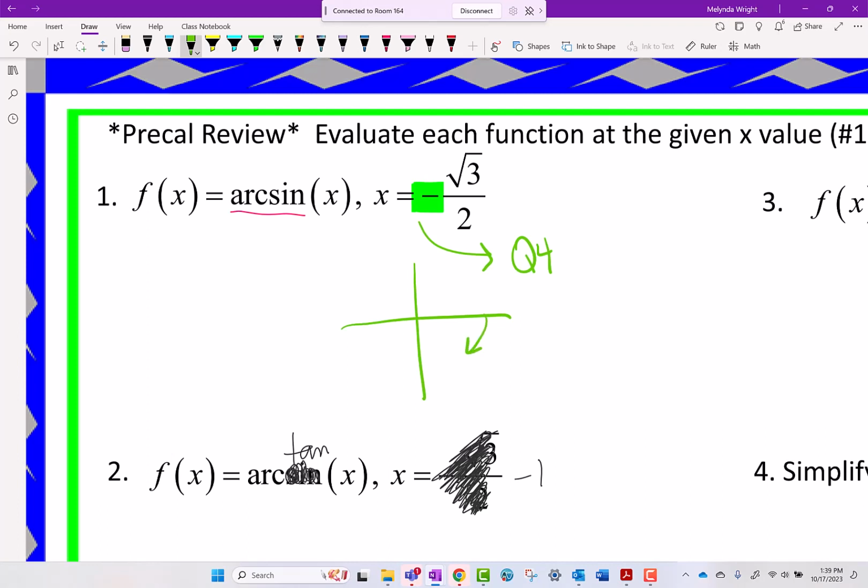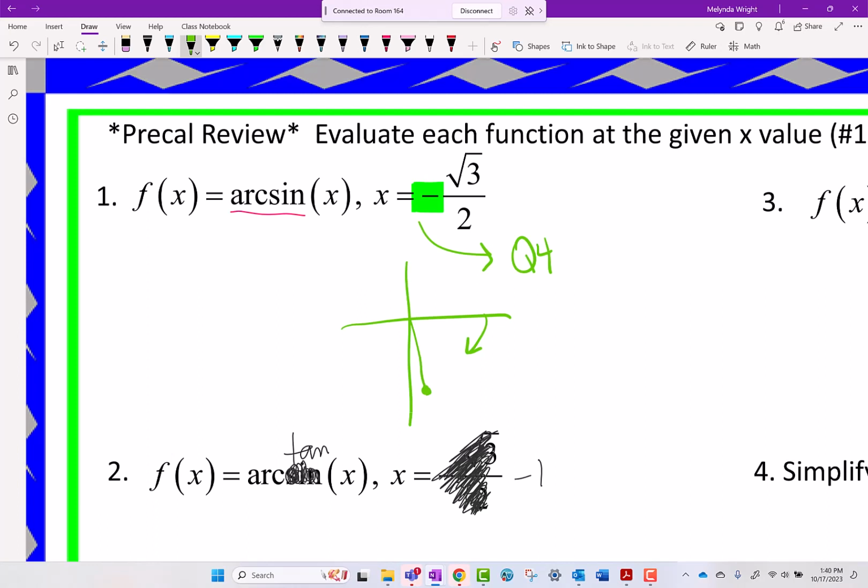So we need to think to ourselves, what angle measure in quadrant 4, now because we're going backwards, would sine be -√3/2? So -√3/2, if you recall from your unit circle, which we do all the time, right? Unit circles all the time. √3/2 is larger than 1/2, so this is this angle measure right here. It's the one that's longer along the y-axis. It's this one.